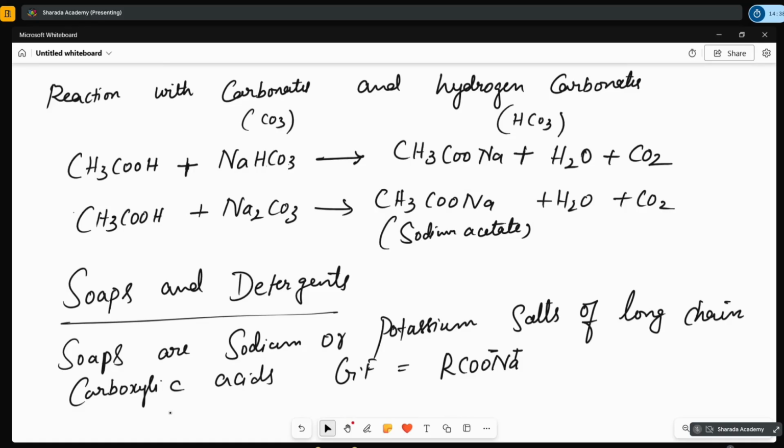Soaps. First you write, I will listen. Soaps are what? Sodium and potassium salts of long chain carboxylic acid. Carboxylic acid can be anything. Here we are studying about CH3COO, carboxylic acid with sodium. That is, sodium acetate is also one sodium salt of a carboxylic acid.